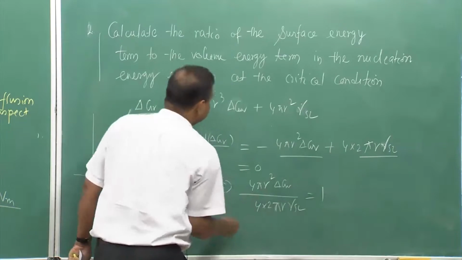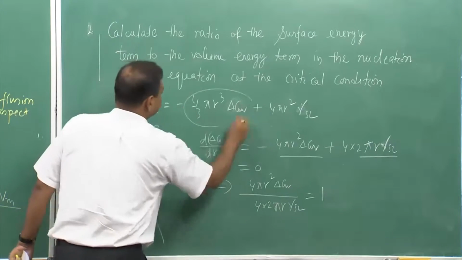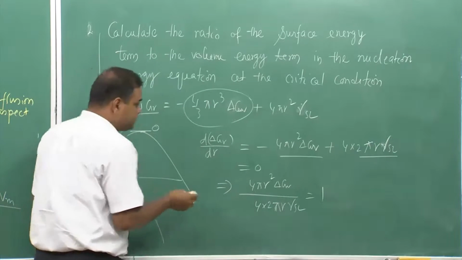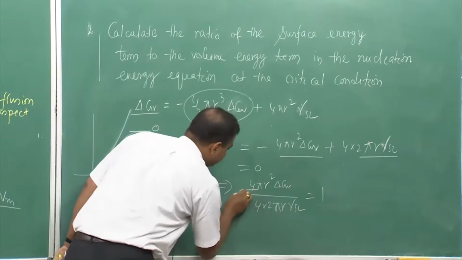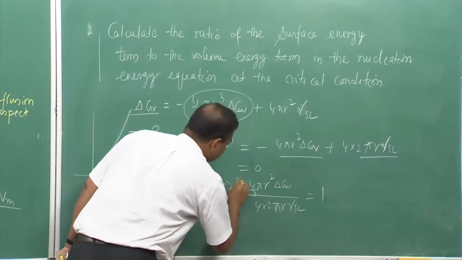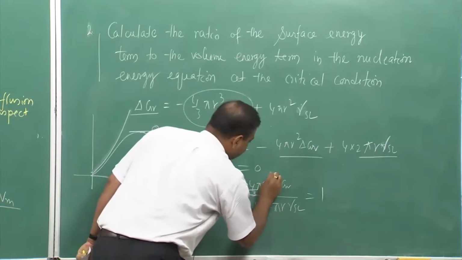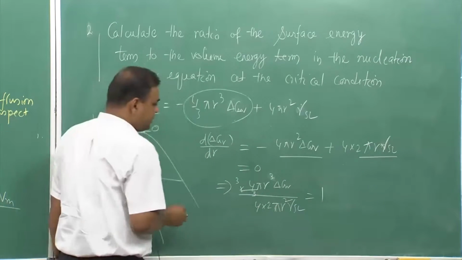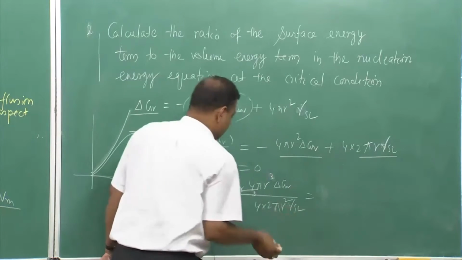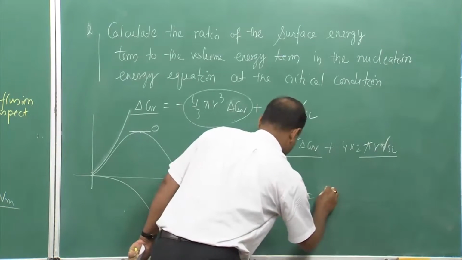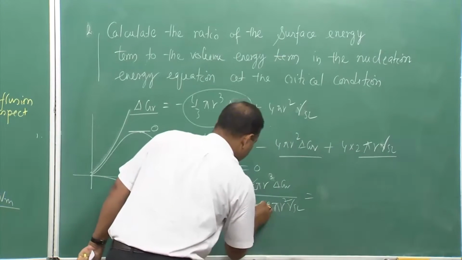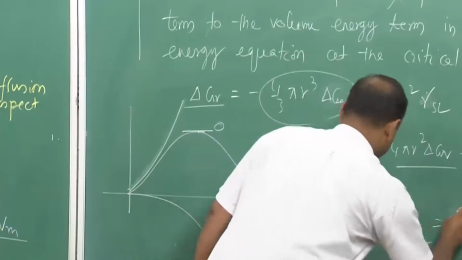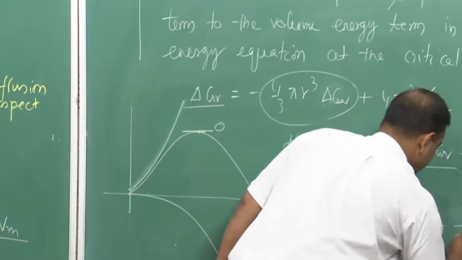Now, I have to convert it into this form. In order to convert this, I divide by 3 and multiply by 3 and also multiply with R, so this is R square. So, the 4 and 2 become 2 by 3.